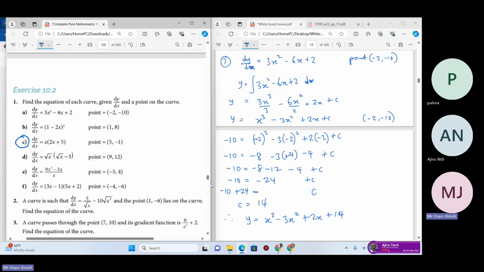Okay, that's integration, right? Plus C. Okay, yes. Now put that point. Put the point, so that I can find the value of C.